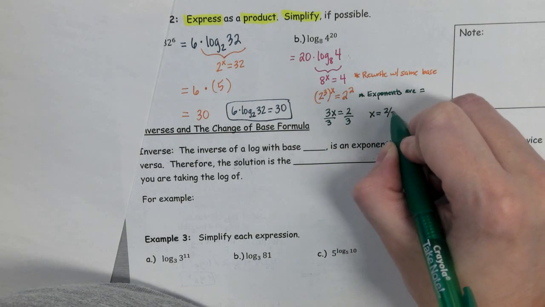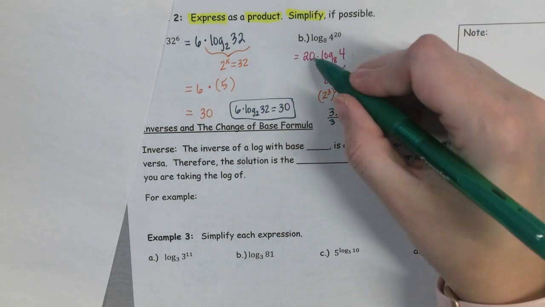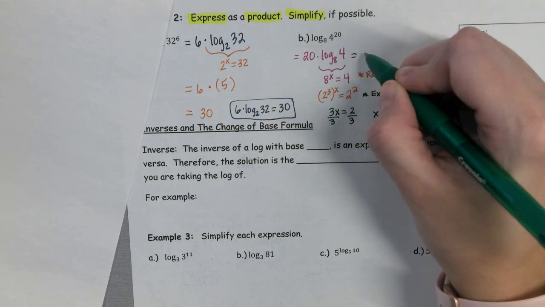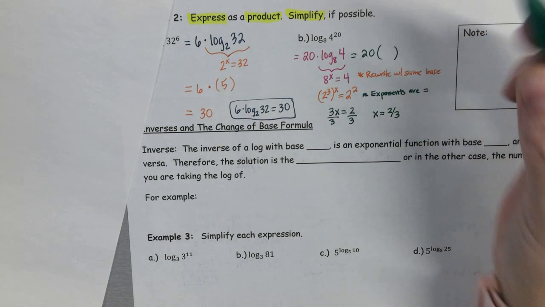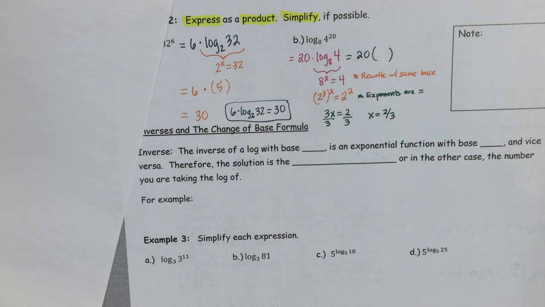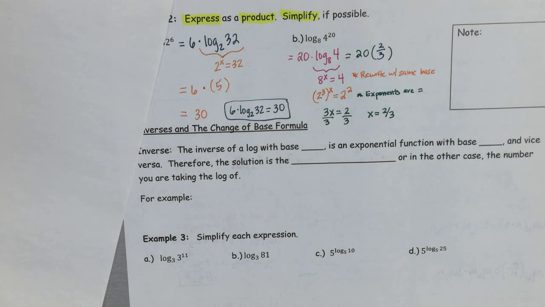Okay, so x in this case would be 2/3. So then we're going to rewrite this. So 20 times log base 8 of 4 is going to be 20 times, what did we simplify log base 8 of 4 to? 2/3. So we're just going to plug in 2/3 for that. And then do you guys remember how to multiply a fraction by a whole number?